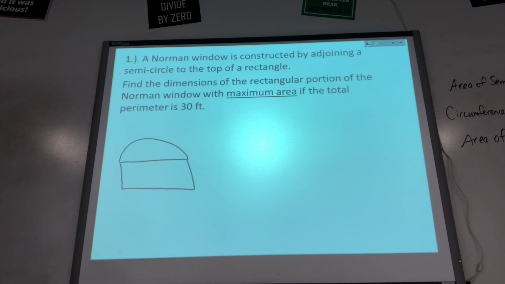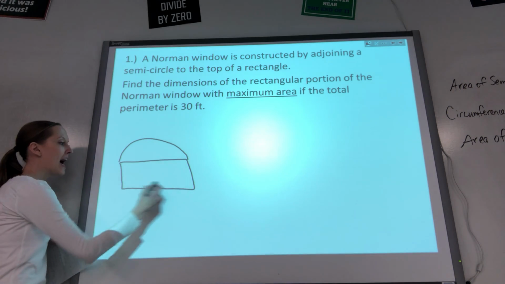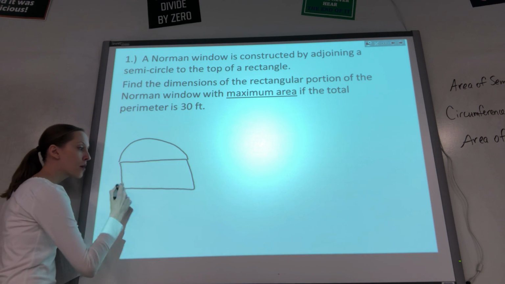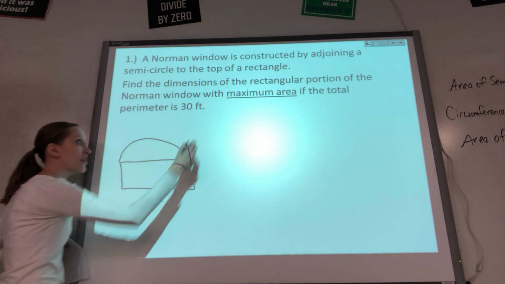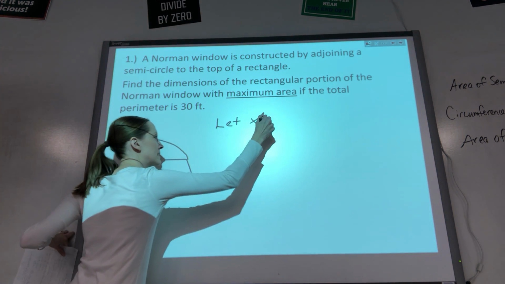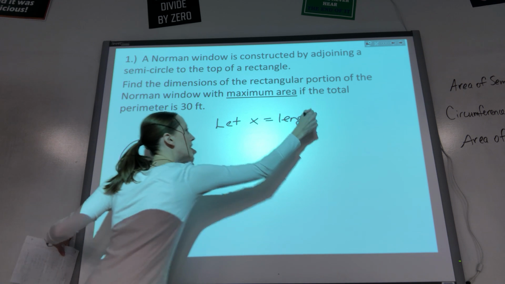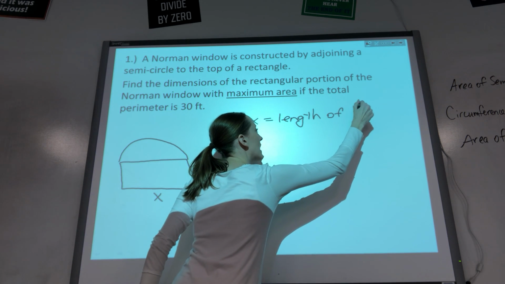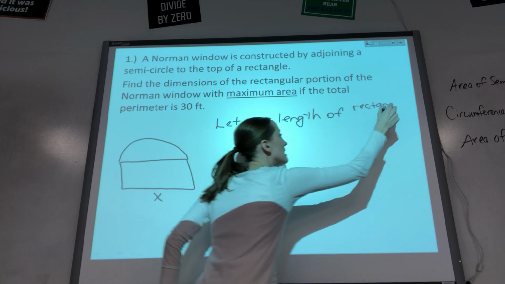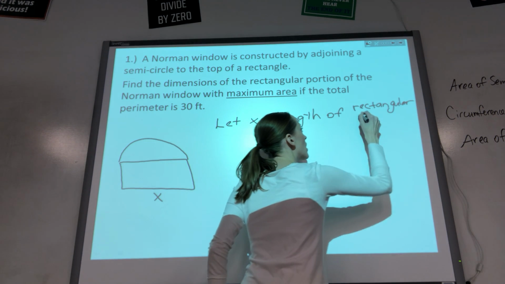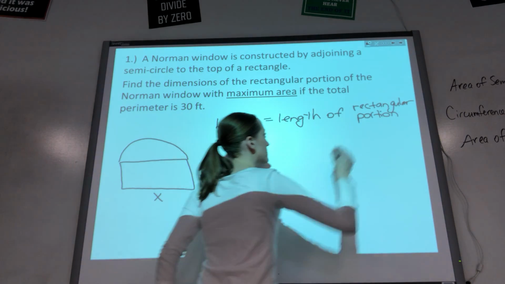Now, before we set up any of our equations, I want to just explain what all of this is talking about. When it says find the dimensions of the rectangular portion, I usually call this longer part the length. So I'm going to say let x equal the length of the rectangular portion.